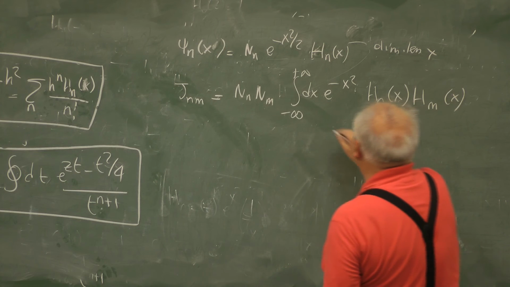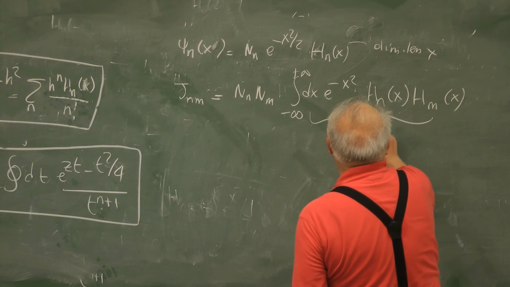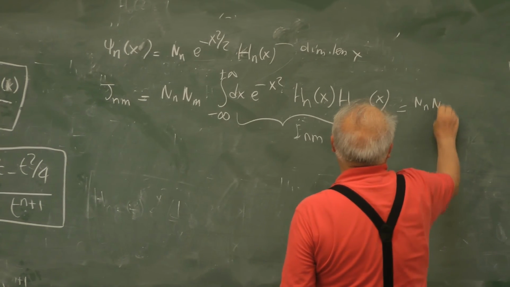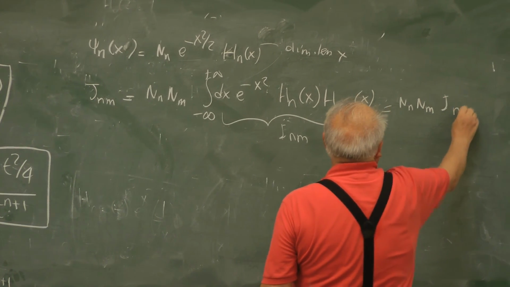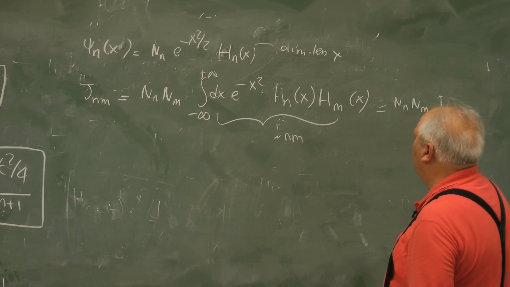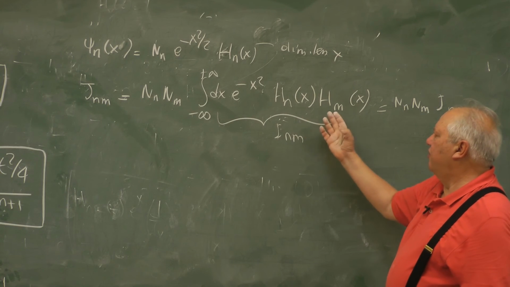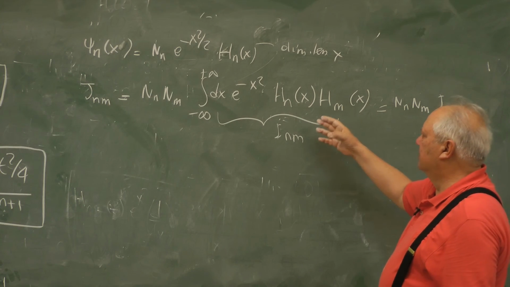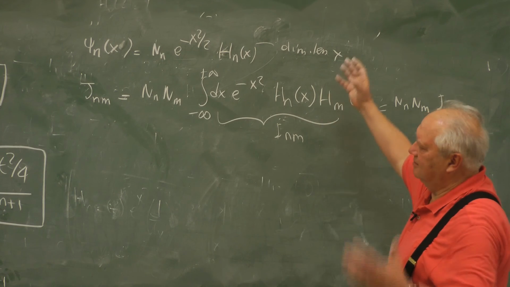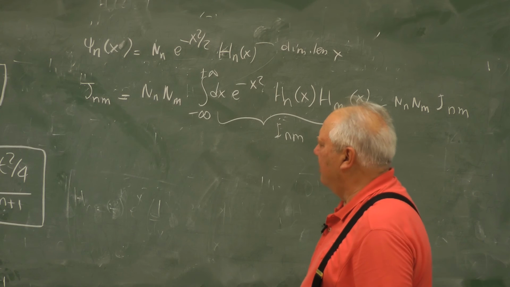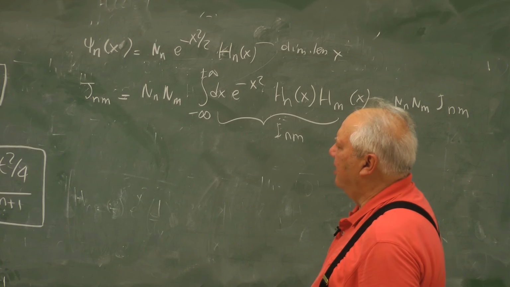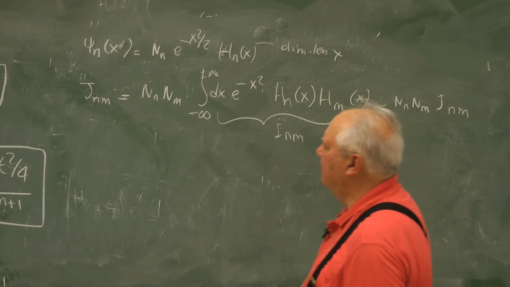So let's call it I_nm. So we would like to take this integral for arbitrary n and for arbitrary m. To take it in general is quite difficult, and that's not what one does. Better is to get help from the generating functions.